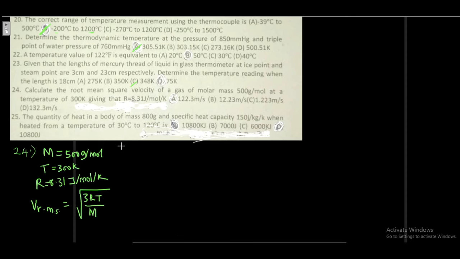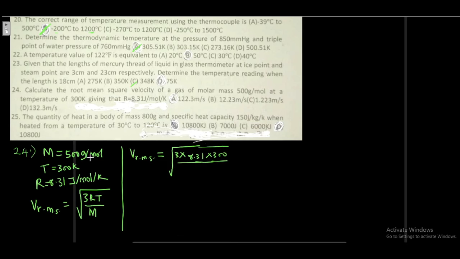If we plug in our values, we have 3 times R, which is 8.31, times the temperature, 300, all under the square root, all over the molar mass.